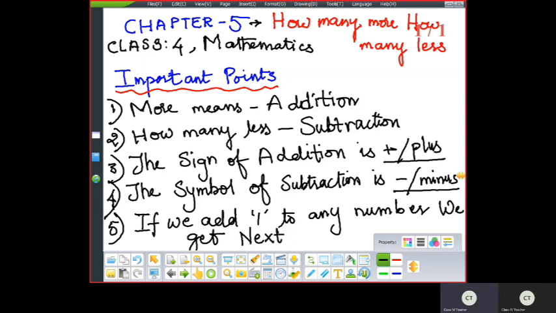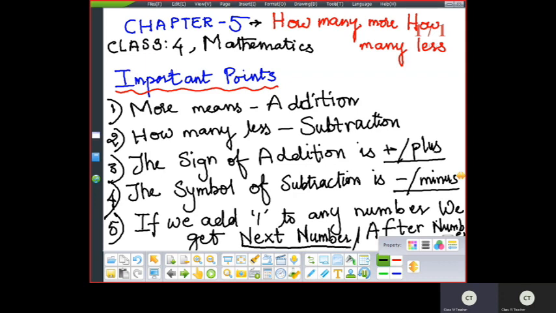Add means what? Moving forward. Next number, or else you can say after number. So this also you are aware of. Very simple and common things, children. From first class you are learning this one. So next number or the after number. Okay, children. So these are the first 5 points. So let us go on with the next point.